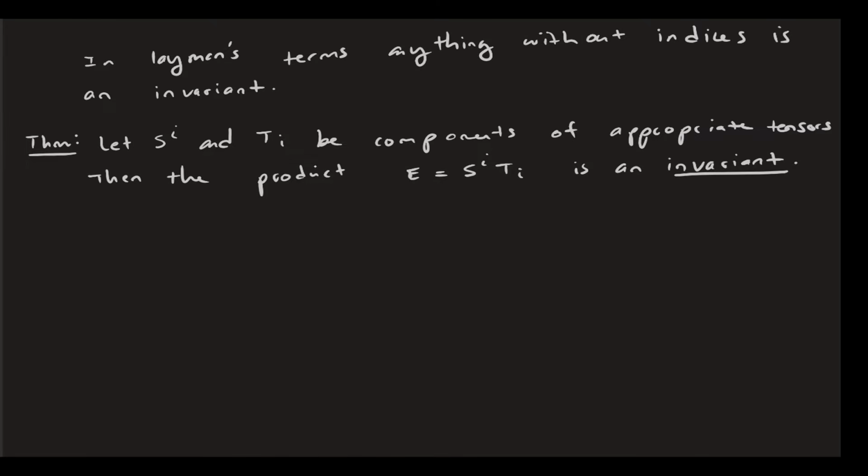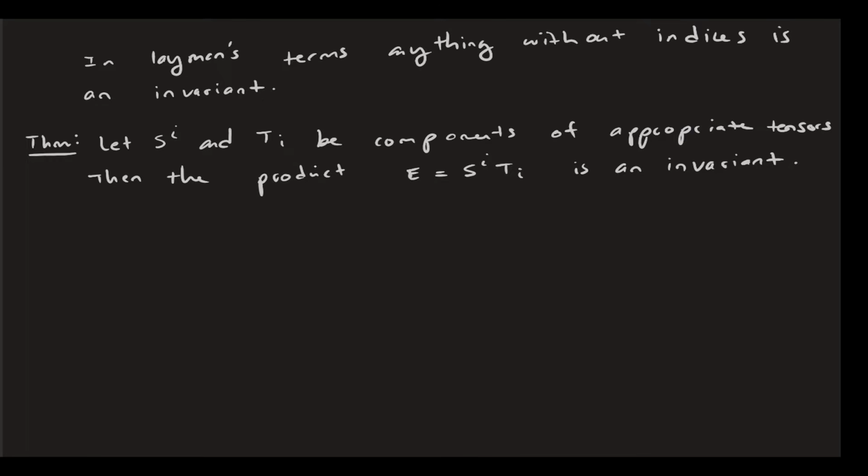So that's our theorem. Basically, if you take a product of a covector and a contravariant vector, you get something that is invariant, something that's constant. In any coordinate system, it has the same value.